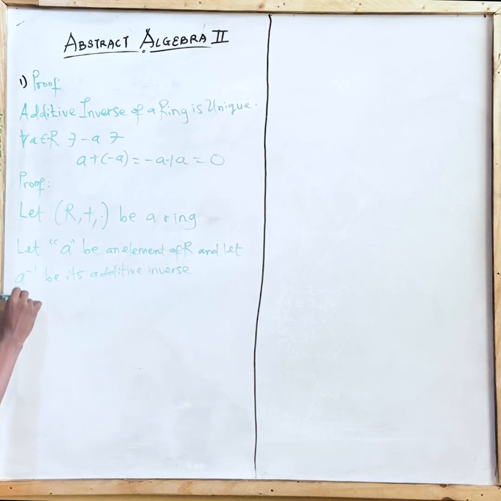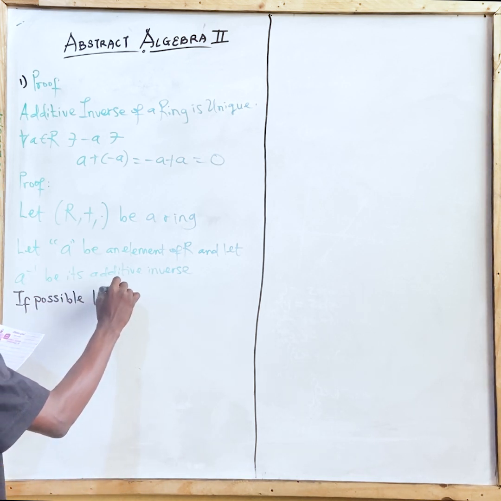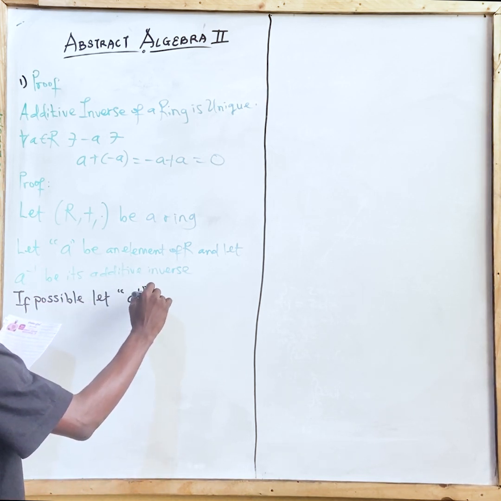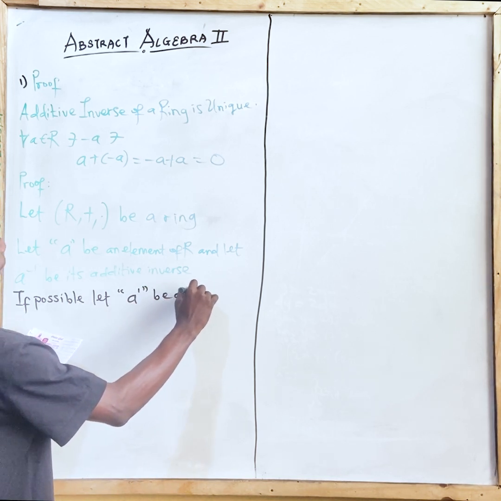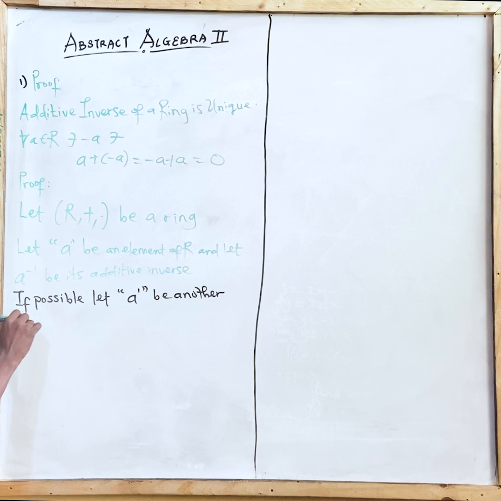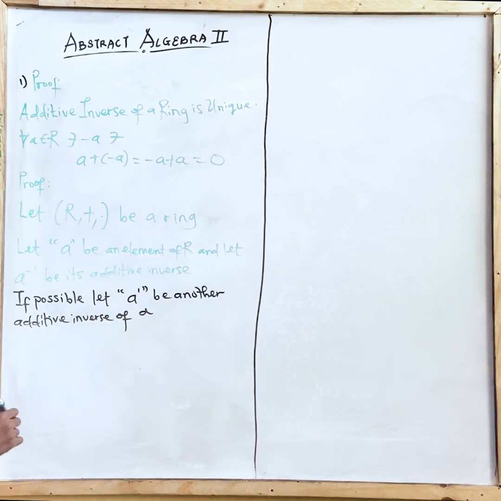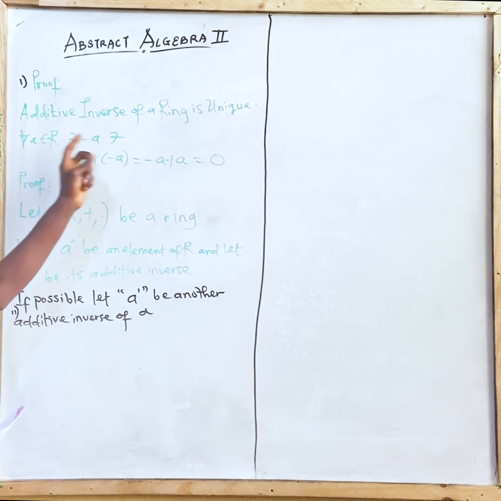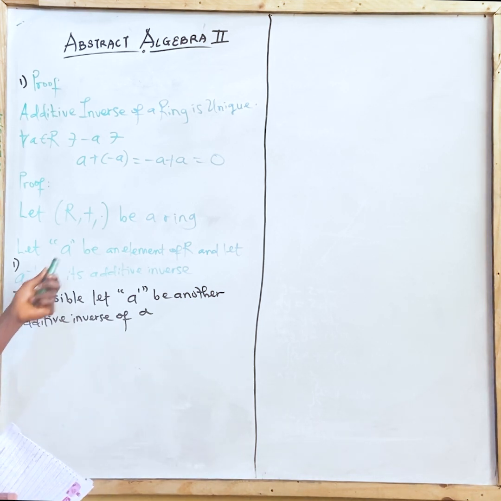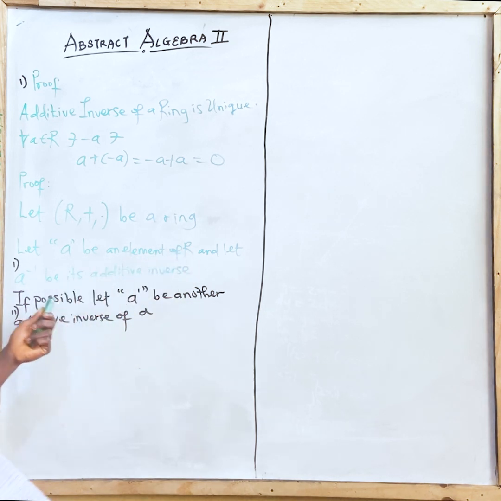Similarly, I can also say, if possible, I'll take another one, that this should also be another additive inverse of A. Now, this is the first one, and this is the second one. So I want to show that the additive inverse of a ring is unique, but I'm proving by contradiction: let's assume that this A, an element in a ring, has two additive inverses, this and this.